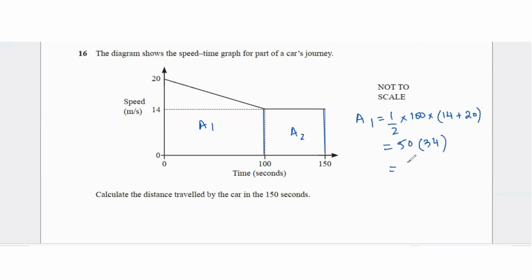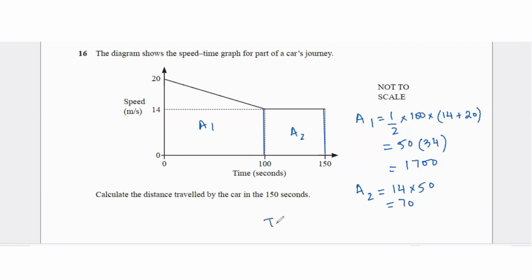50 times 34 is going to be 1700. And then A2 is going to be 14 times 50, which is going to be 700.